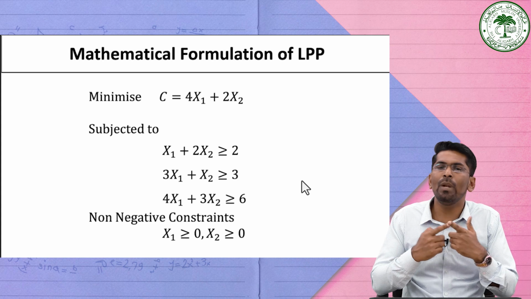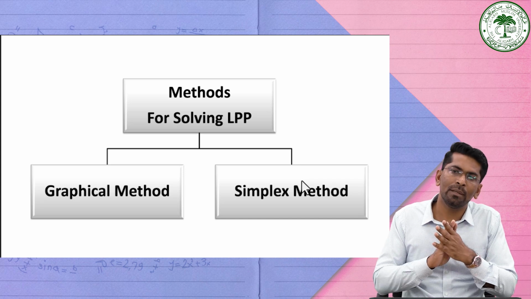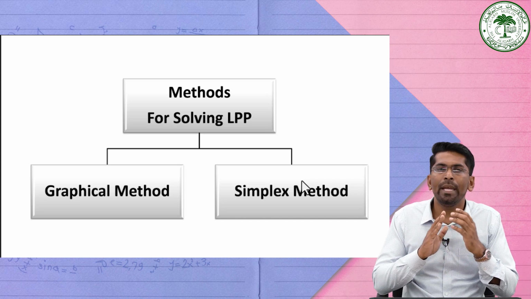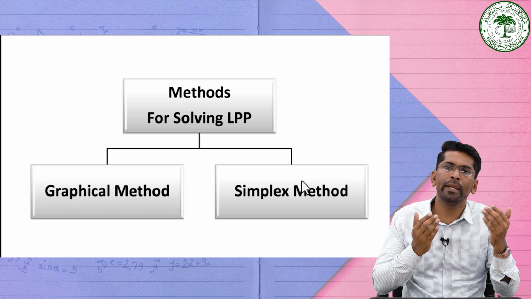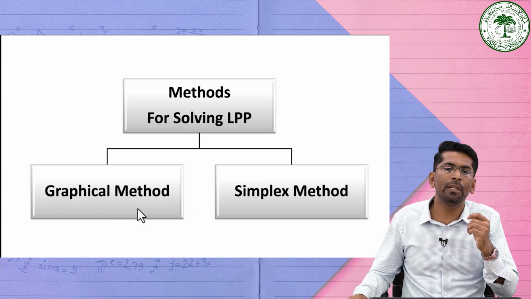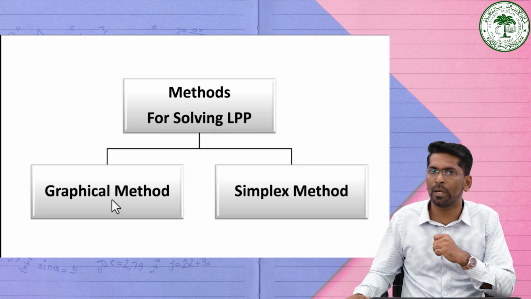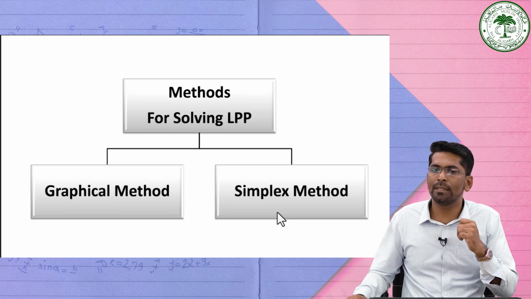After formulating the problem, next we want to find the solution. There are various methods for finding the solution of a linear programming problem. But in this particular course, we are mainly focusing only on two popular methods: one is the graphical method and the other is the simplex method.